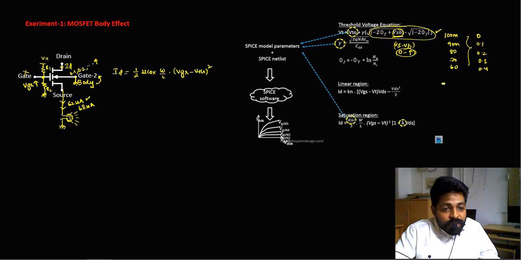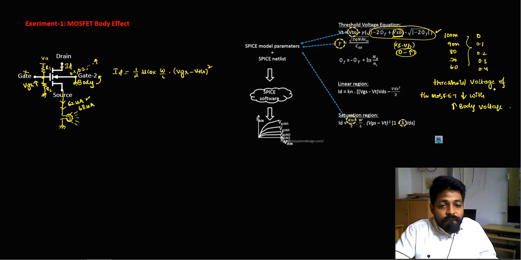So let me make a note: the threshold voltage of the MOSFET is reduced with increasing body voltage.